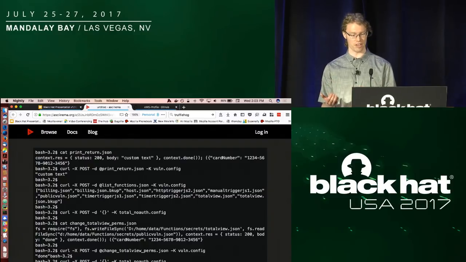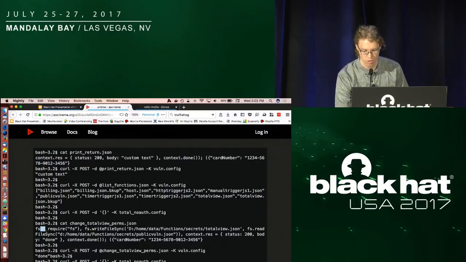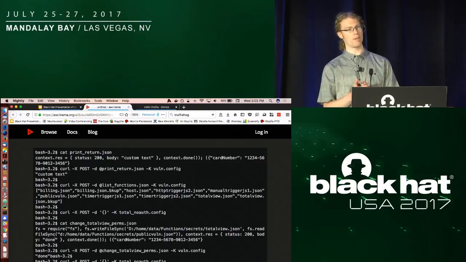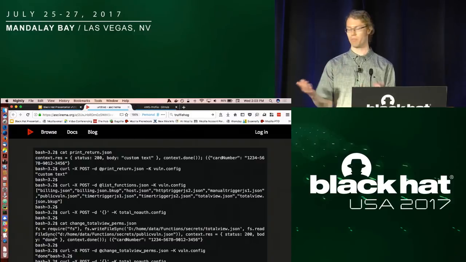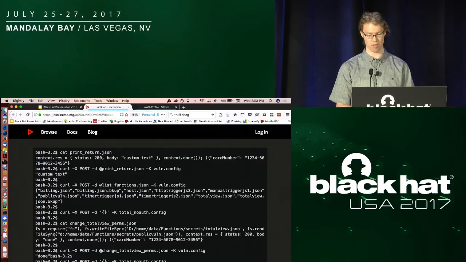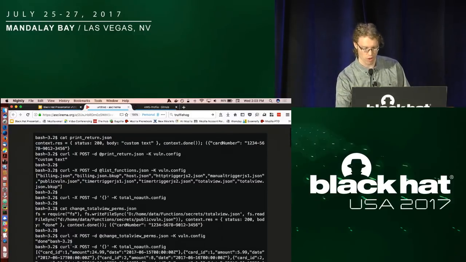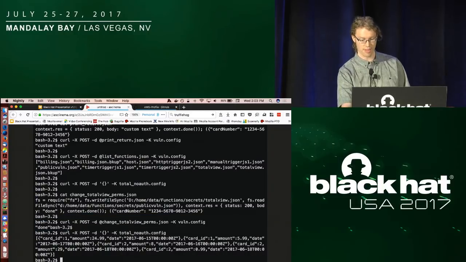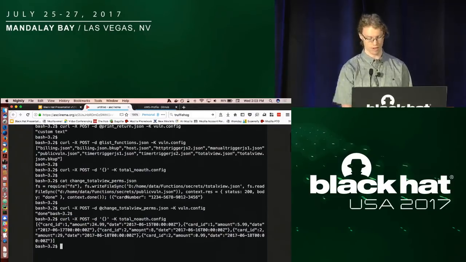So I can actually, in this snippet of JavaScript, just take my key and copy it, the key that I have for the function I've already accessed, and copy it over the file for the one that we don't have access to. So we call this curl. That works successfully. And then using the exact same curl statement as before, I'm able to call it, and then I see all these card IDs for everyone. I now have access to this function.